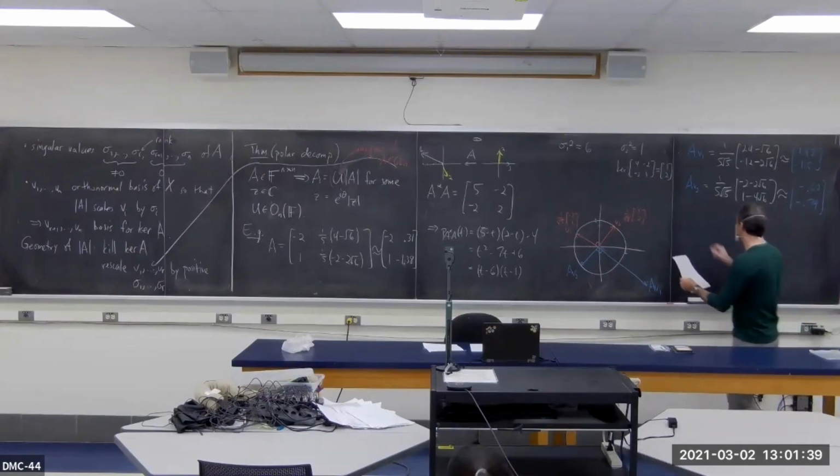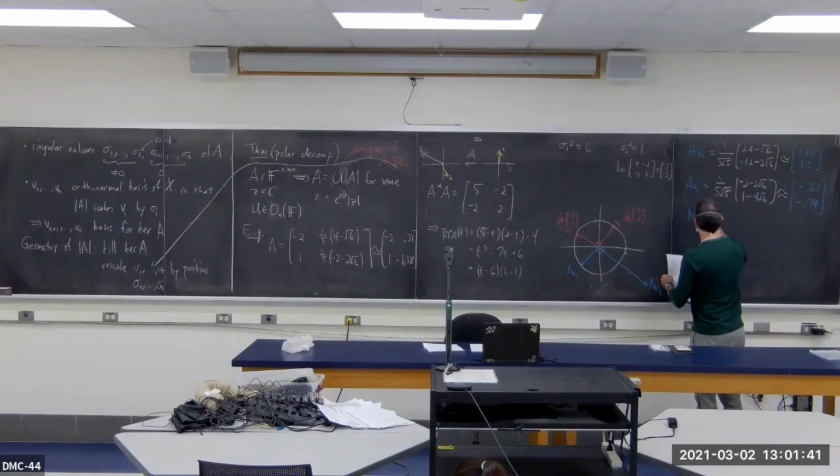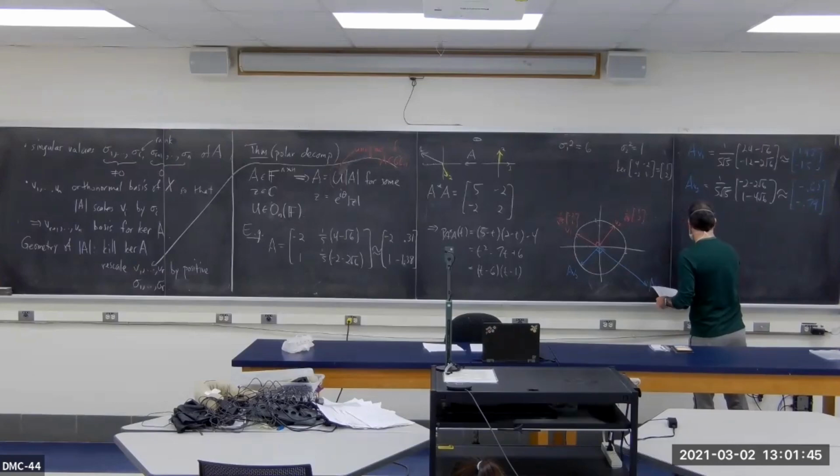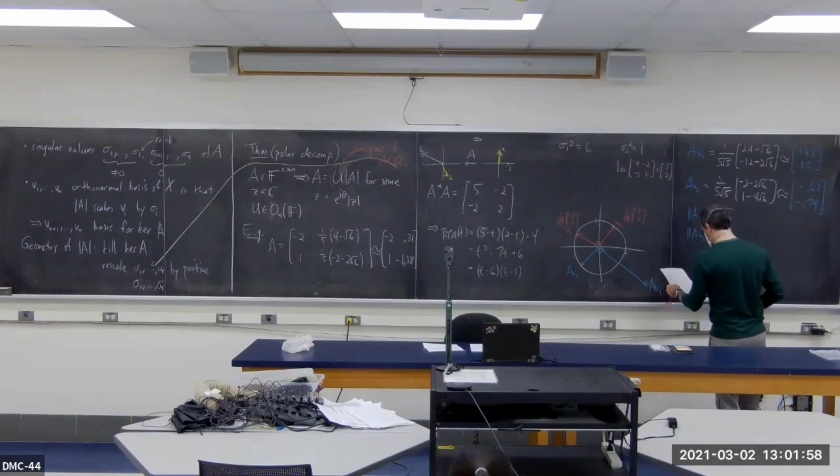I was actually going to write this. So the length of AV1, that is root 6. The length of AV2, that is going to be 1.